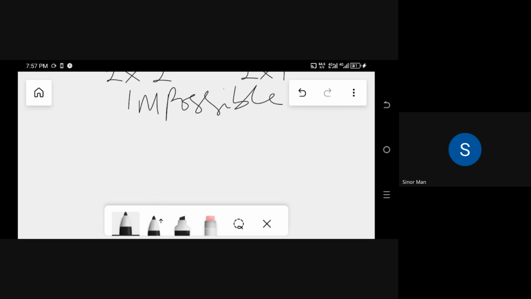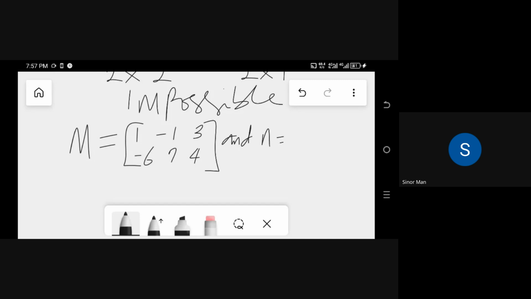So if we have matrix M, it will be equal to 1, minus 1, 3, then minus 6, 7, 4. Then we'll have matrix N to be equal to, let's say, 5, minus 4 and 2.